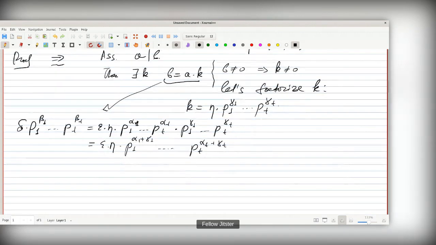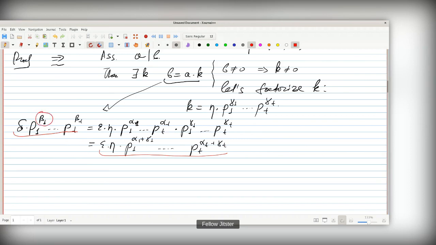So far, so good. And now we have one number with two prime factorizations. So what is, one can ask, the degree of, say, p1 in the factorization of this number?